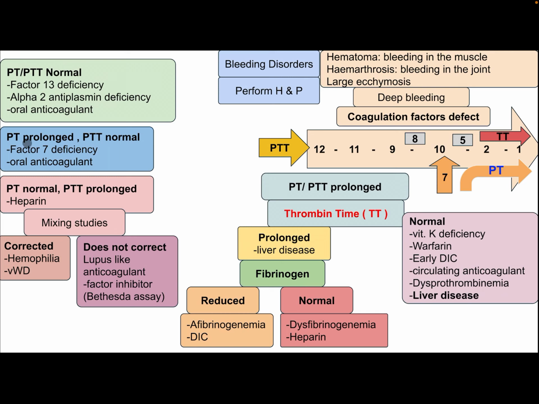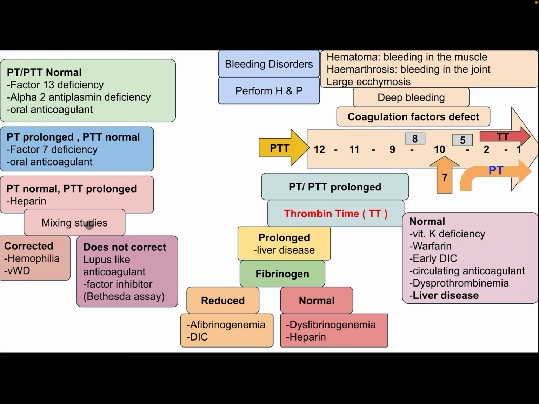If the PT is prolonged and PTT normal, factor 7 and the common pathway, differential diagnosis of course is factor 7 deficiency and oral anticoagulant. If PT normal and PTT prolonged, defect in these factors could be heparin induced.